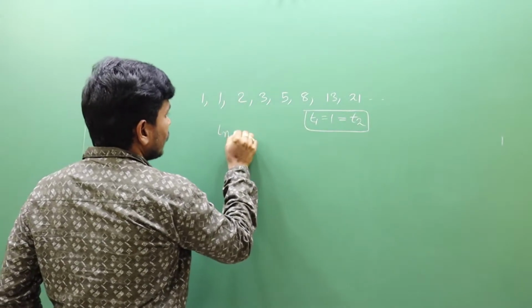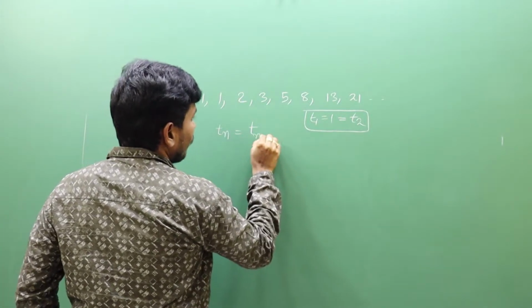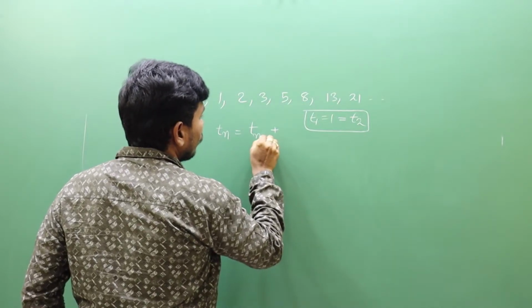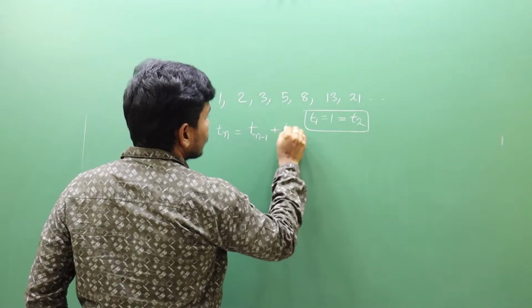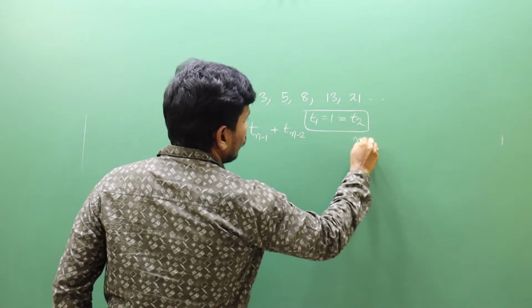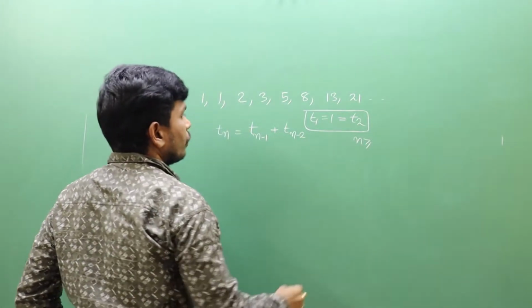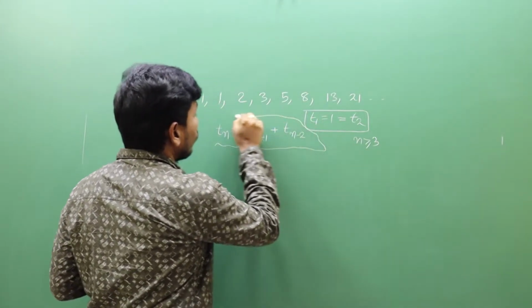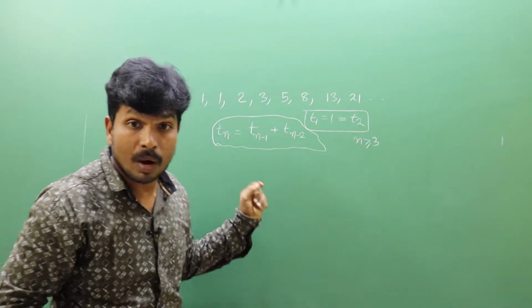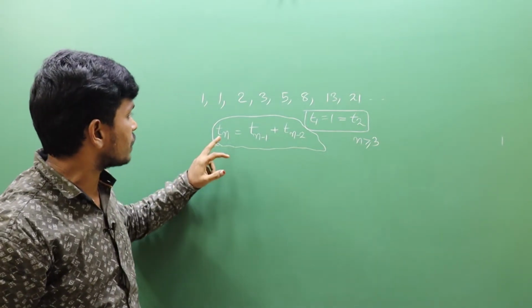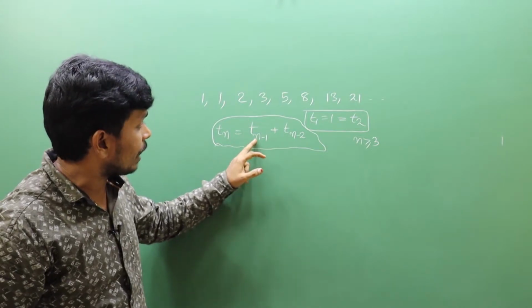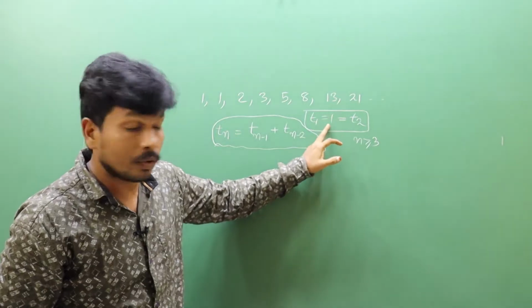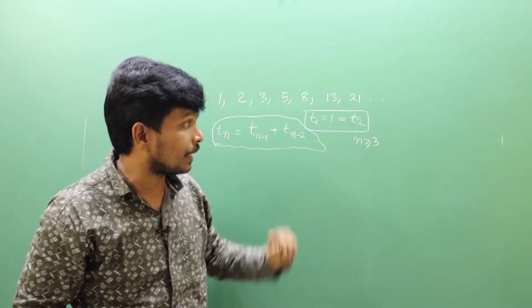Therefore tn is equal to tn minus 1 plus tn minus 2, where n is greater than or equal to 3. This is the general rule of the Fibonacci sequence.